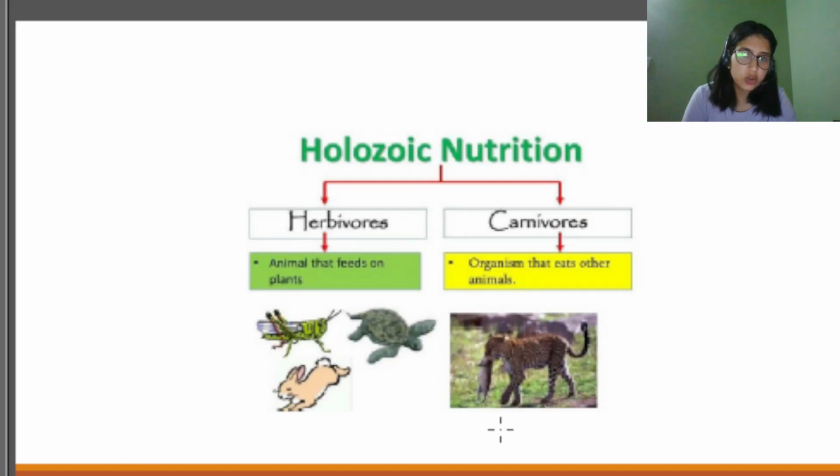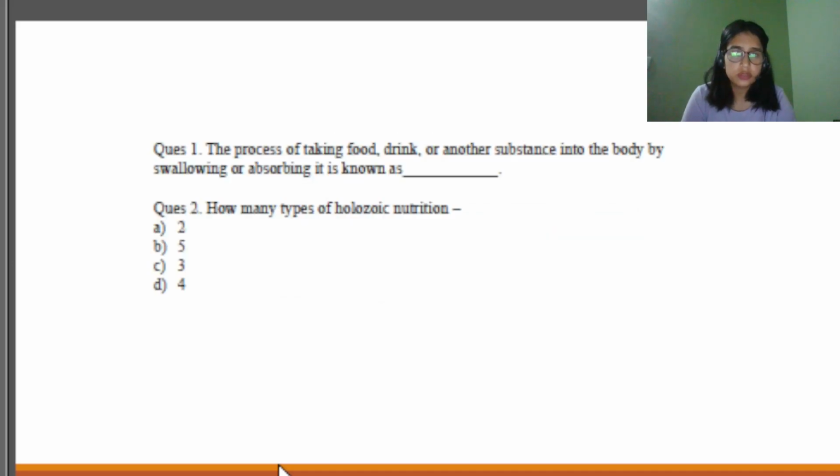So we can say that under holozoic nutrition as well, we have different categories, herbivores and carnivores, because certain organisms fall under the category of herbivores and certain of them fall under the category of carnivores. Yes, you will be giving answers to these questions.